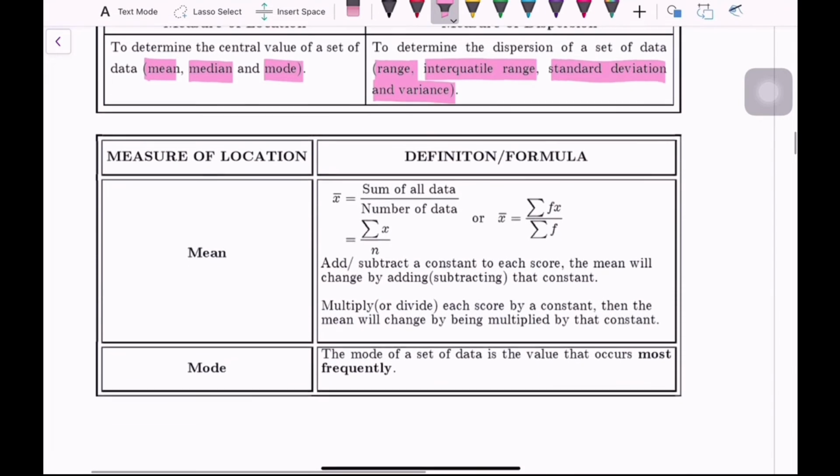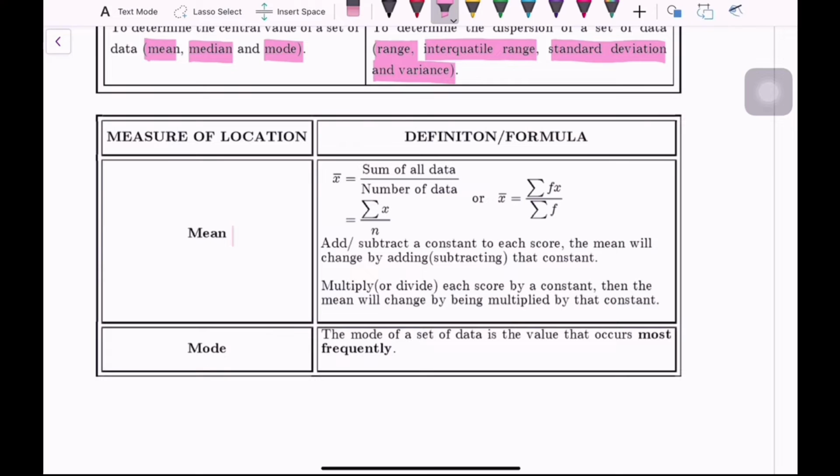Measure of location. Mean. The formula is sum of all data divided by number of data. For data in the form of a sequence, we use the formula sum of x divided by n.